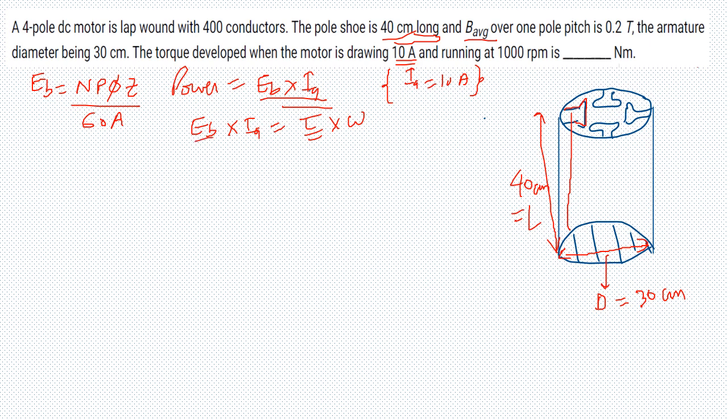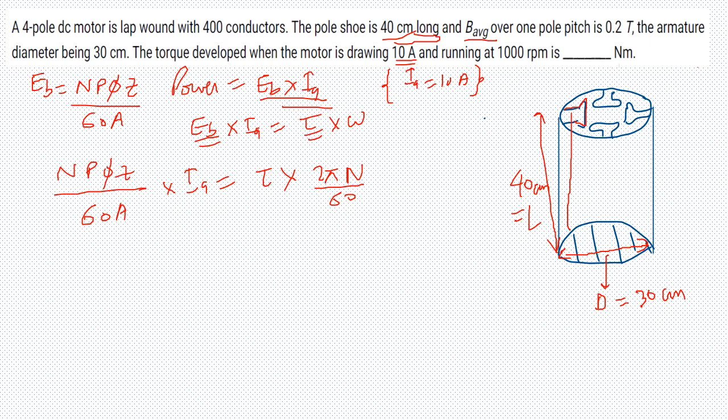So let us substitute the value of EB here. We get NP phi Z over 60A into IA equals tau into omega, which will be 2 pi N over 60. Now you can see there are a couple of terms which will cancel. Let us rewrite this.